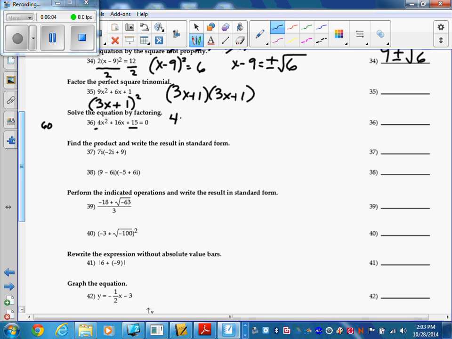So 4x squared plus 6x plus 10x plus 15. And I'm going to factor by grouping. 2x times 2x plus 3 plus 5 times x plus 3. And that's a 2x plus 3.